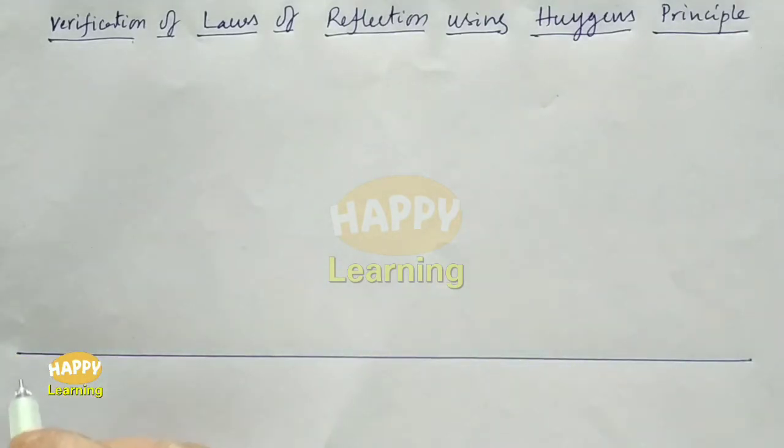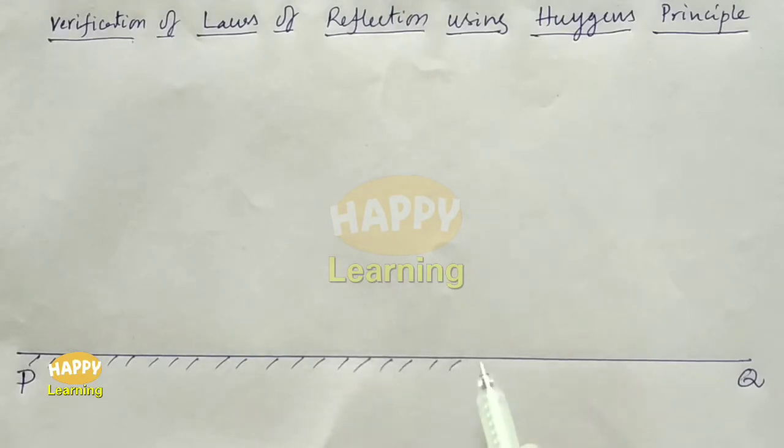Let this PQ be a reflecting surface, a mirror. With these lines we represent a reflecting surface. This is how we represent a reflecting surface or a mirror.